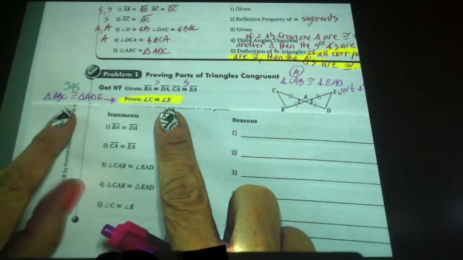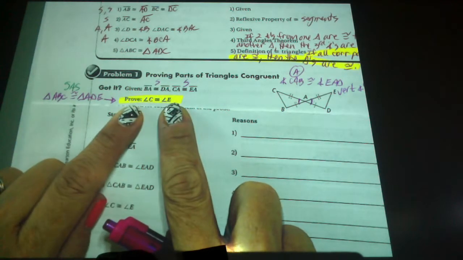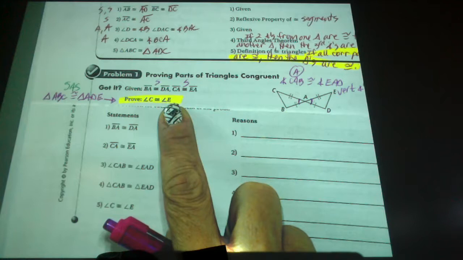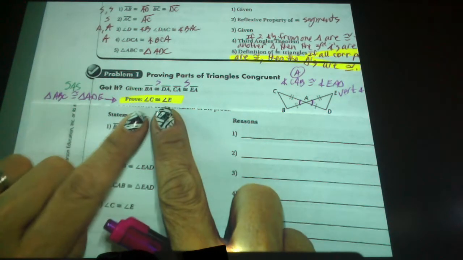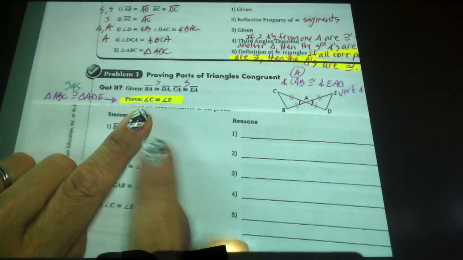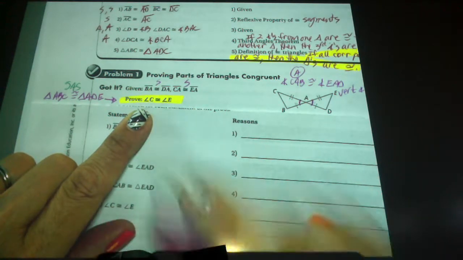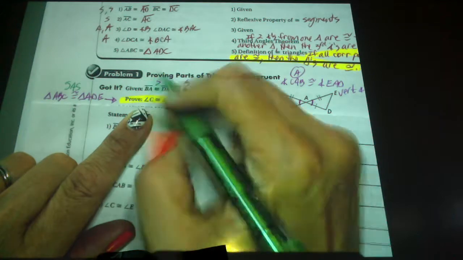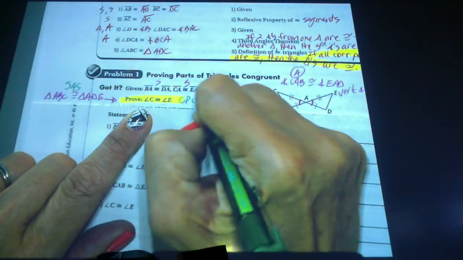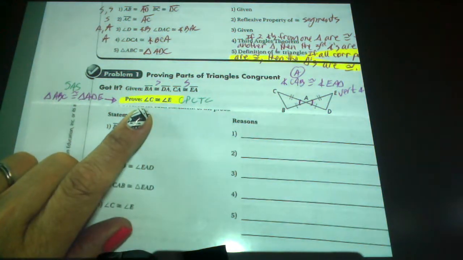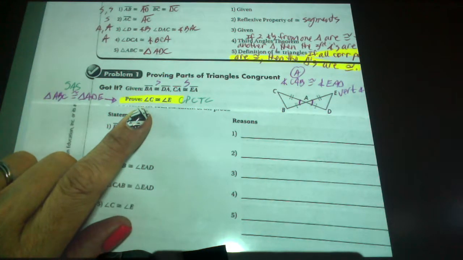Once I've proven the triangle is congruent, I can immediately go to any corresponding parts, and there are 6 corresponding parts to each of these triangle congruency statements. They chose one of them. Your answer, 100% of the time, to any of these, you're going to write here as a shortened form, CPCTC. Learn it because it'll help you write out what it really means. We're going to write it out down below.